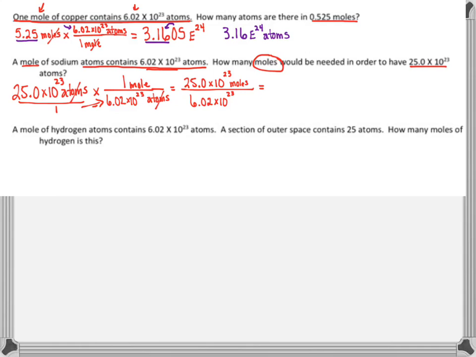Be careful when you're typing this into the calculator. I'm going to divide it by 6.02. And we're going to end up with 4.15 to 8 moles.